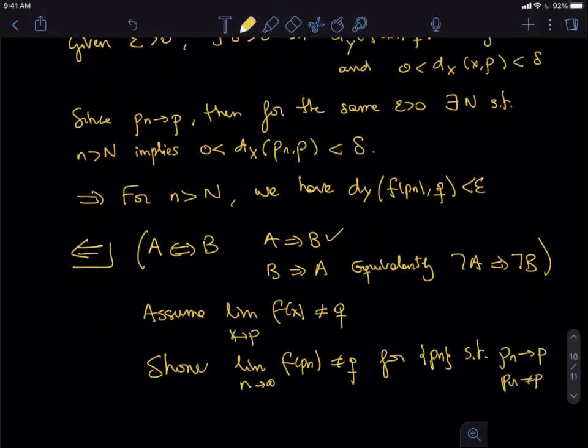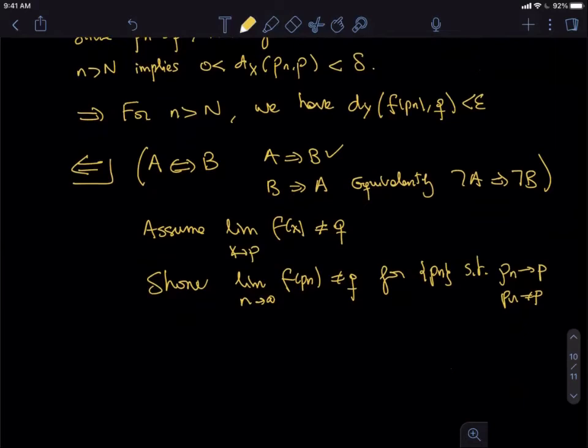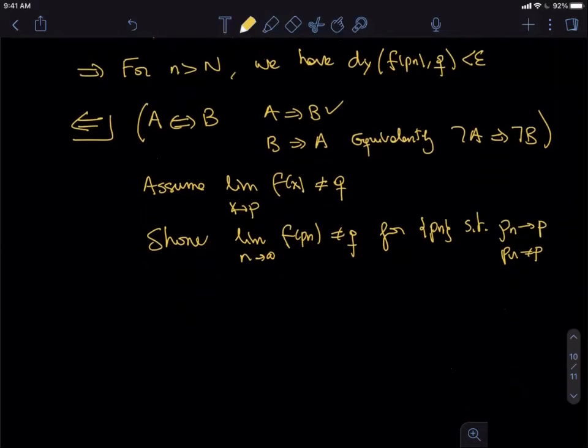Here it's important that pn is one of the sequences in the theorem, because if it's not, then we are not doing anything. But then what we are saying here is even if the sequence is one of the sequences in the theorem, the conclusion still does not hold.